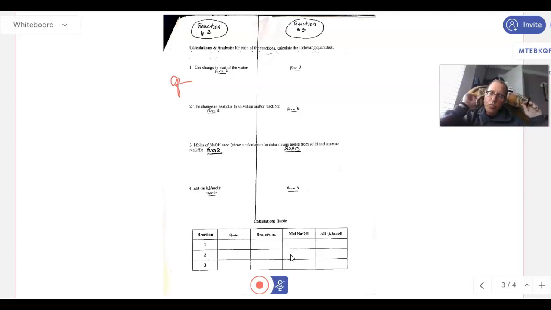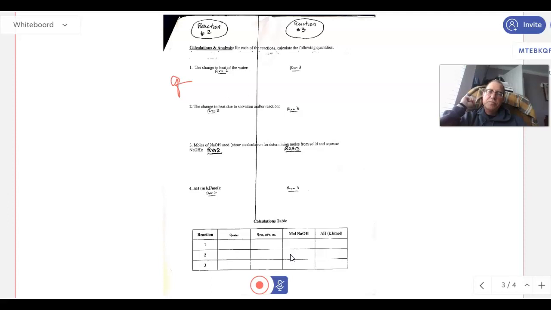Now, what I want you to remember is the law of conservation of energy. A little brain slip there for a minute.